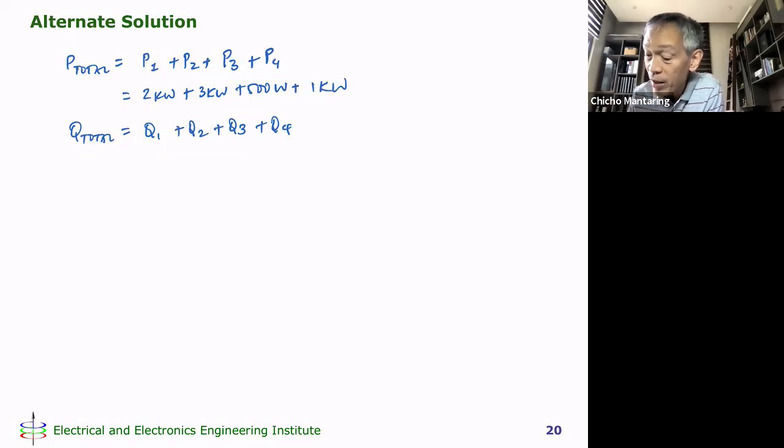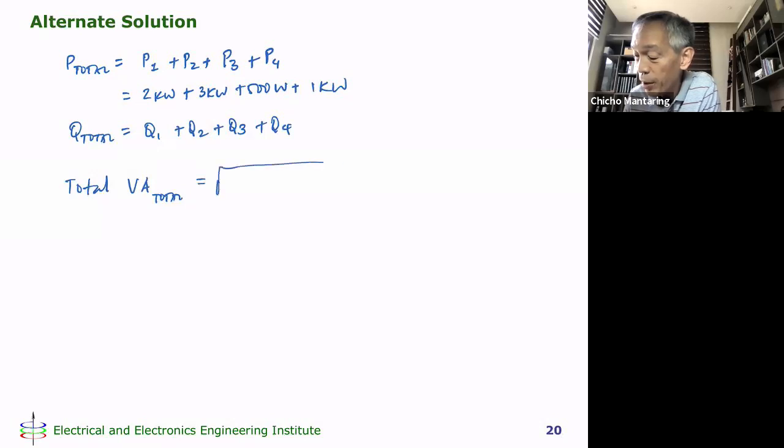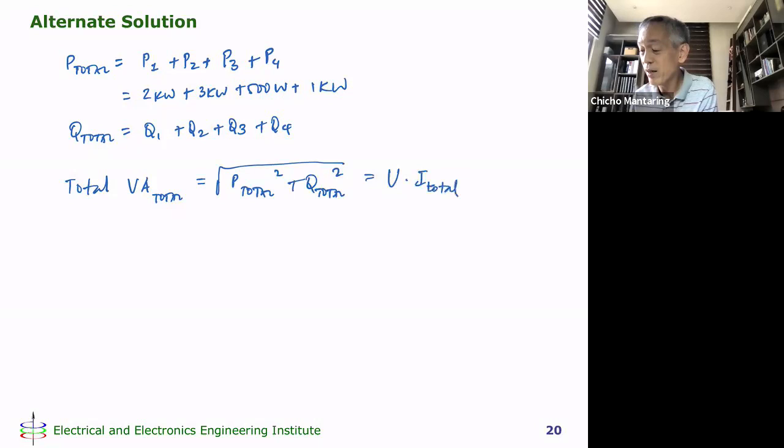The total volt amperes, VA total, is equal to the square root of P total squared plus Q total squared, which is equal to V times I total. And since V is equal to 220, you can compute for I total.